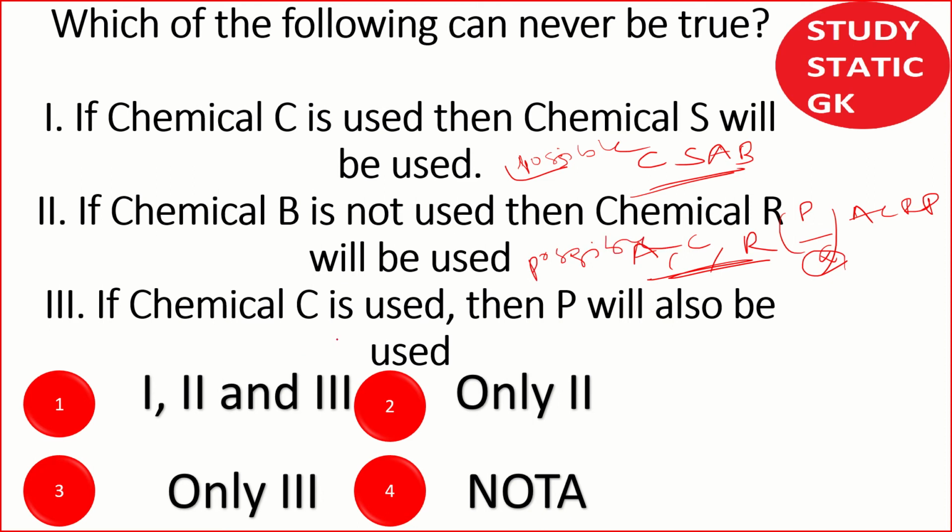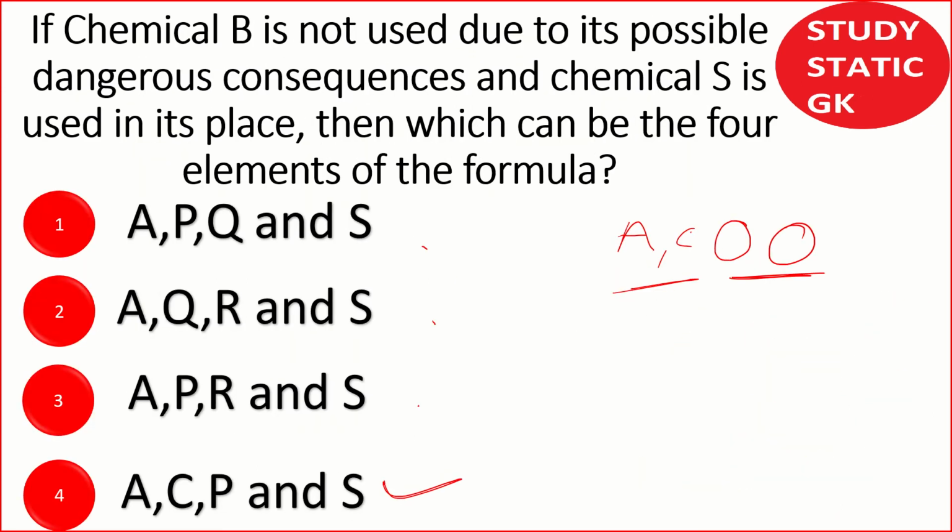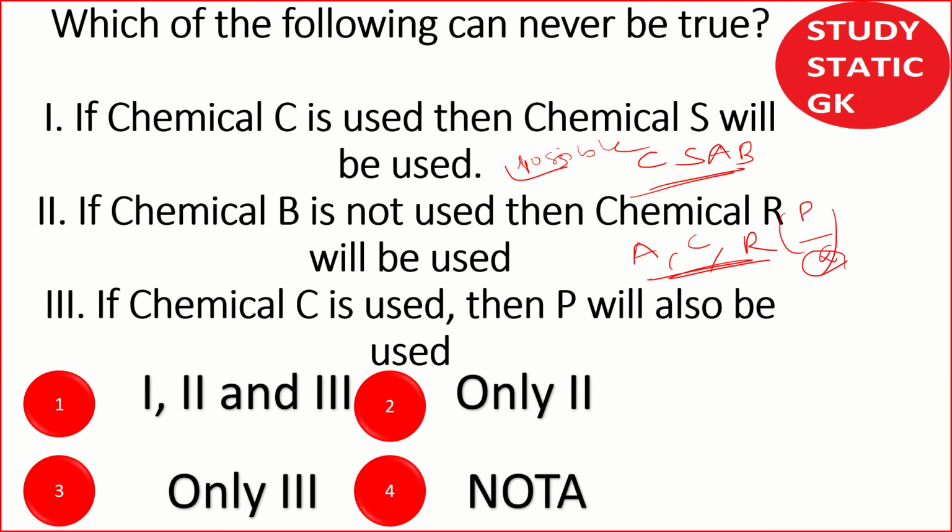And again, if chemical C is used, then P will also be used. We'll check it out. C is there, right? With this A, B. If we use A and B, then with the A and B we cannot use Q. P cannot be used. So one of the R and S may be used, right?